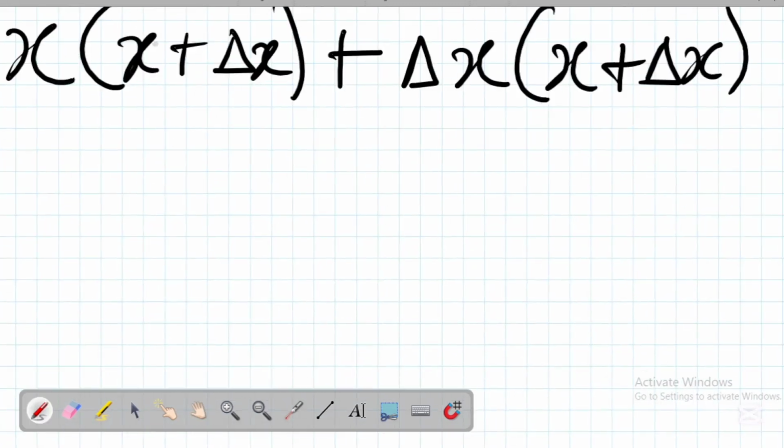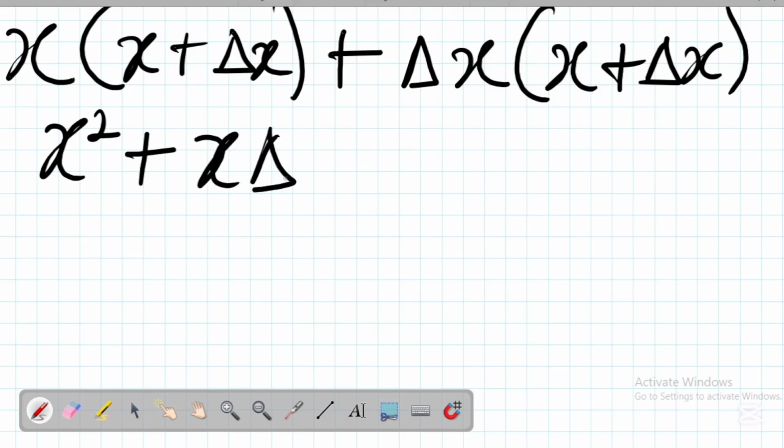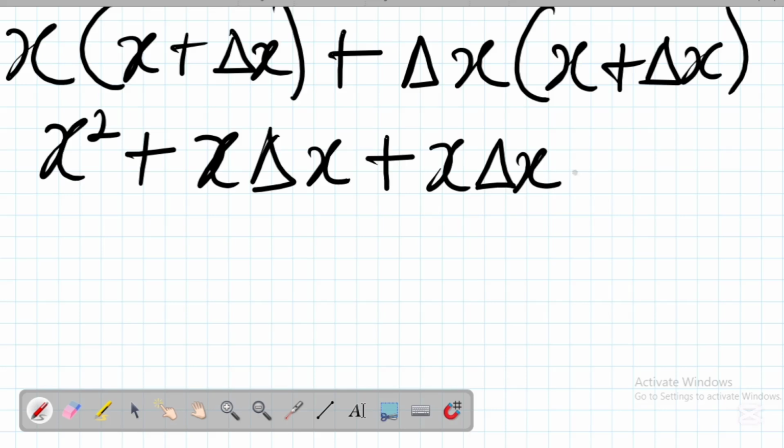So x multiplied by x gives us x squared, plus x multiplied by change in x gives us x change in x. And then plus change in x multiplied by x gives us x change in x, plus change in x multiplied by change in x gives us change in x squared.